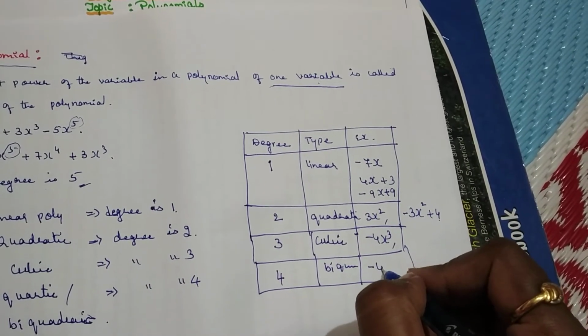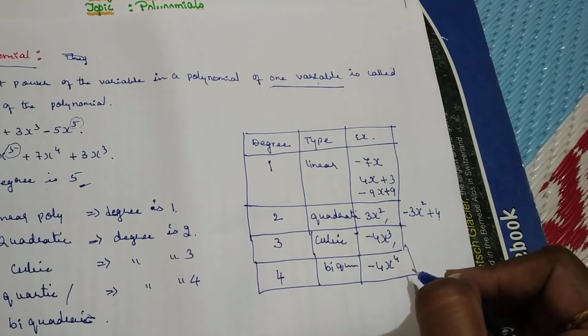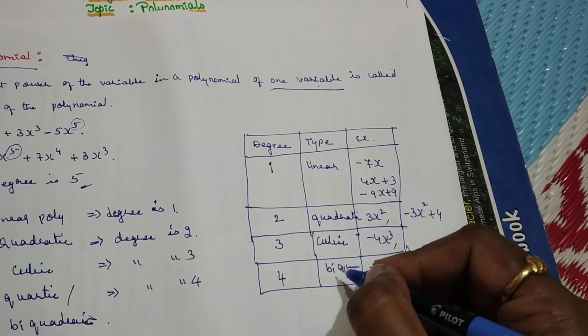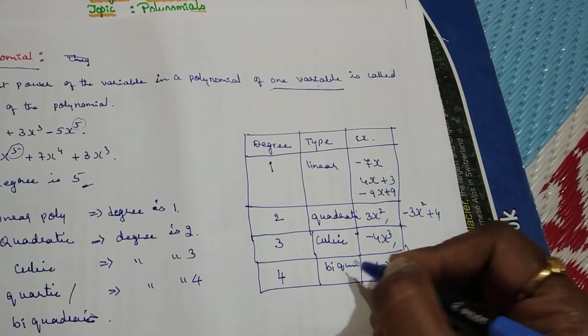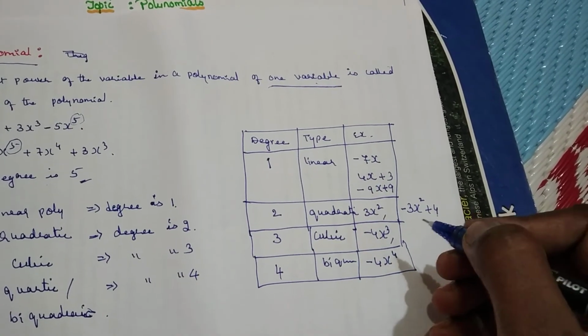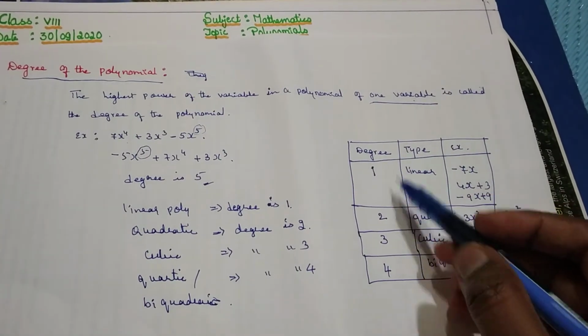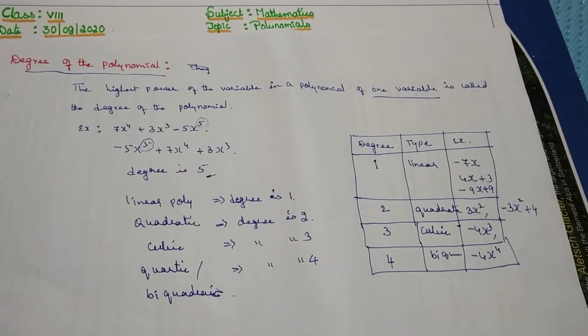Minus 4x to the power of 4. Monomial, but its highest degree is 4, therefore it belongs to a biquadratic, or the other name for biquadratic is quartic polynomial. So this is all about the types of polynomial based on degree.